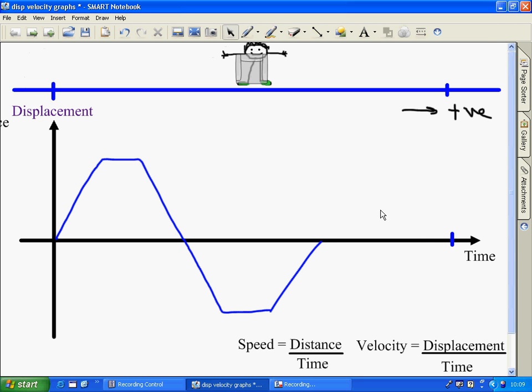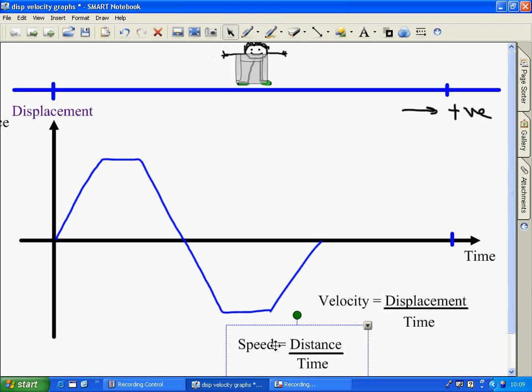Now, if we look at these down here, speed is distance over time, velocity, this is the one that we're going to use, is displacement over time. We can actually find his velocity by taking his displacement over a section of time.